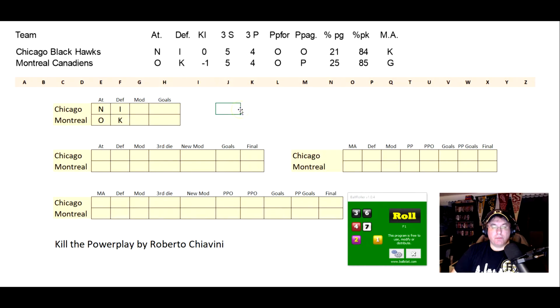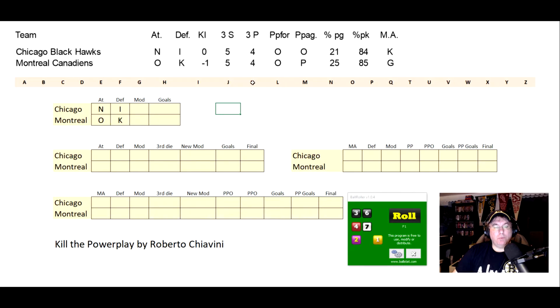And as in most quick play games with the final score type of situation, the quick sims, you take your attack and compare it to the opponent's defense, okay? So we're at N, and we're going to look to K. So it's 1, 2, 3. What this game tells you to do is count how many letters are between. There's 3 letters, and then you cut that in half, okay?